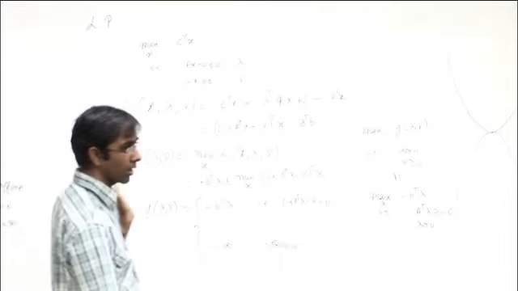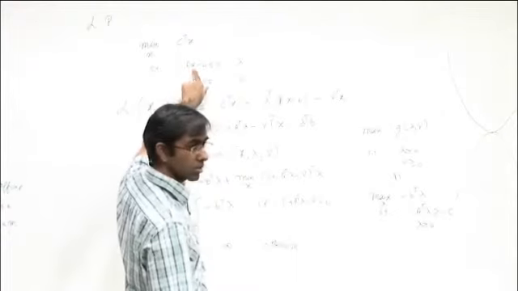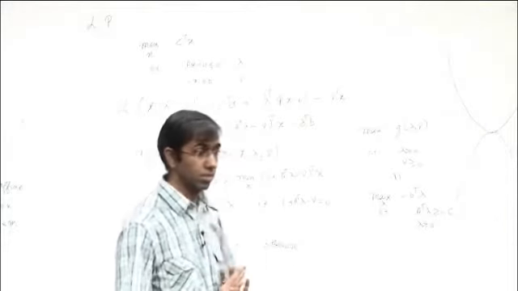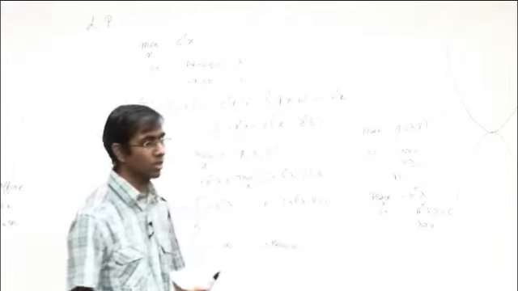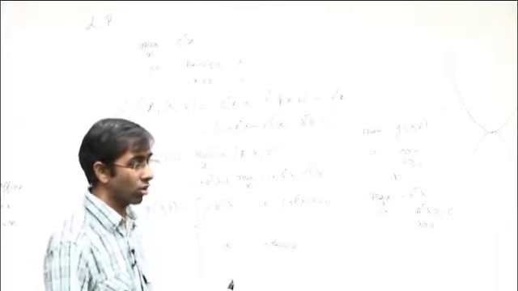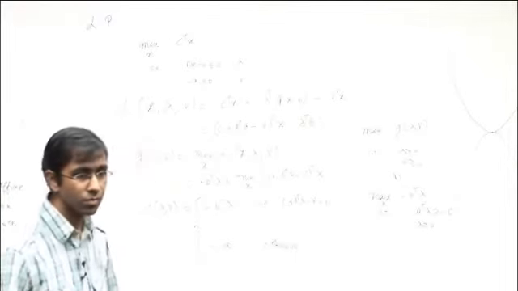So the Slater conditions boil down to one single condition: there should be a primal feasible solution, that is, a solution x such that Ax is less than or equal to B and x is positive. As long as I have primal feasibility, that implies dual feasibility as well, and my strong duality will hold, as long as you can demonstrate that.